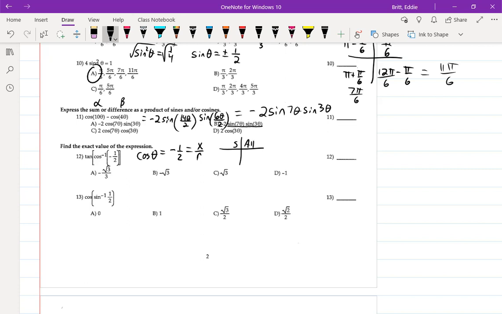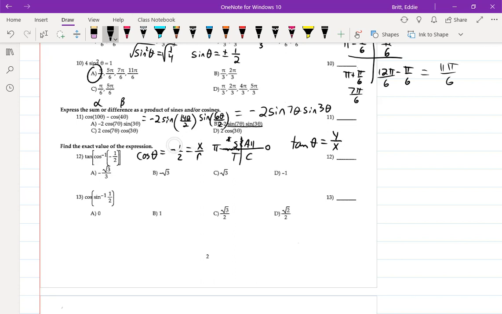Remember, inverse cosine is defined between 0 and pi. So that means theta is in the second quadrant. That's important because that tells us that the y's are positive and the x's are negative. So x is going to be negative 1 and r is going to be positive 2, and we want to find the tangent. So remember, tangent is y divided by x.